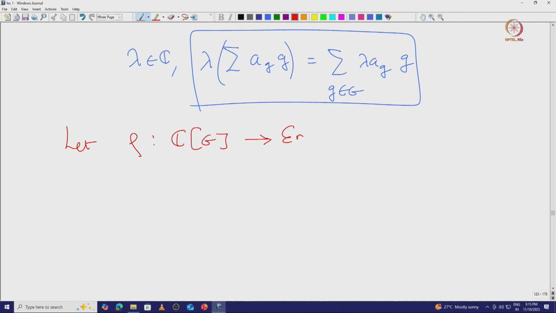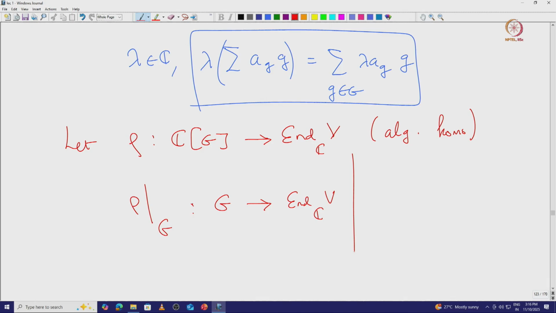That is an algebra homomorphism from CG to End(V). In particular, if you restrict this rho to G, then we get a map from G to End(V). But what one can prove is that the images of G under rho all will be invertible, because we have inverses in the group. Because of that we will have inverses for these images of G.